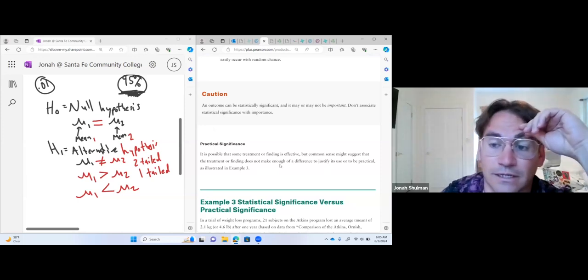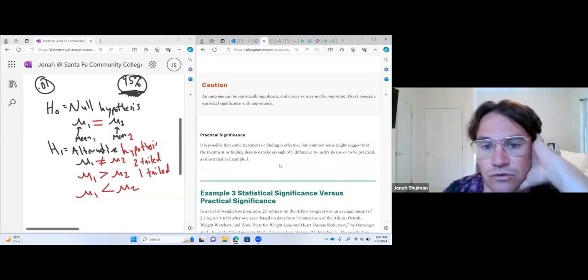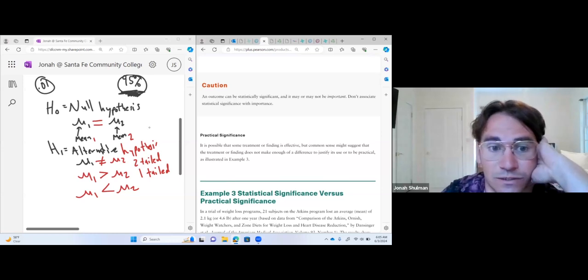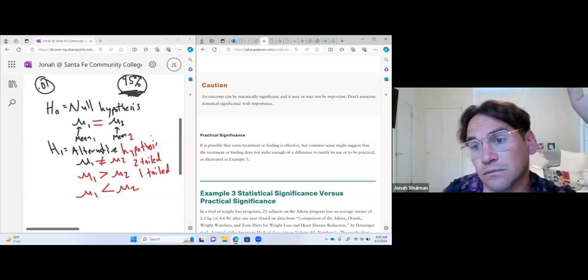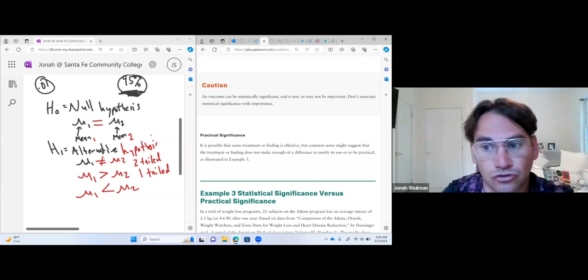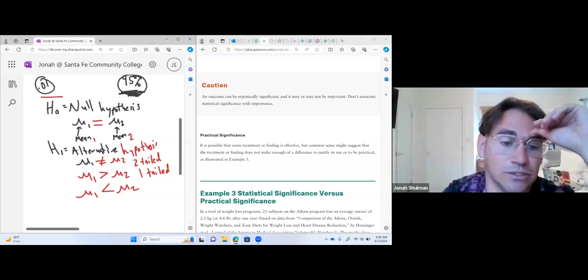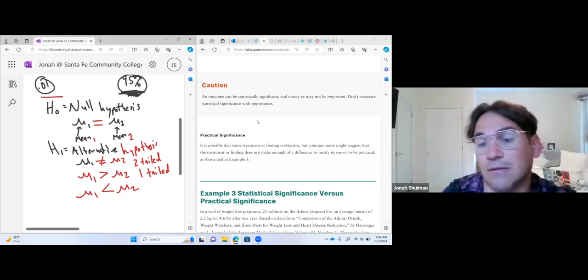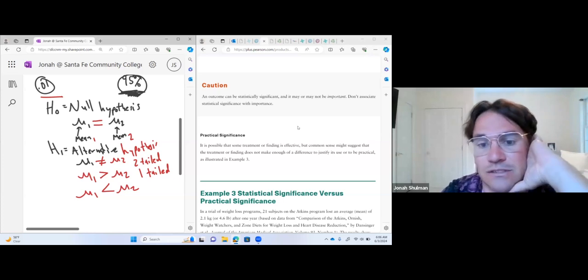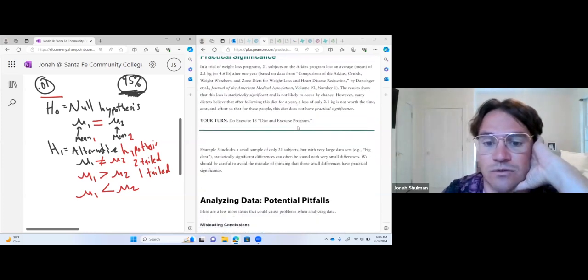I would read these examples that show that statistical significance just means that the numbers make sense, that there's a difference, and we're 95% sure that that difference exists. We have to be 99% sure in a medical situation. But that might not be practical. It might not help us in our day to day. That's the main difference between those words.